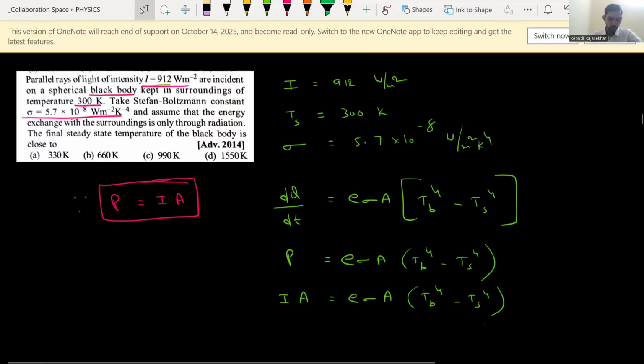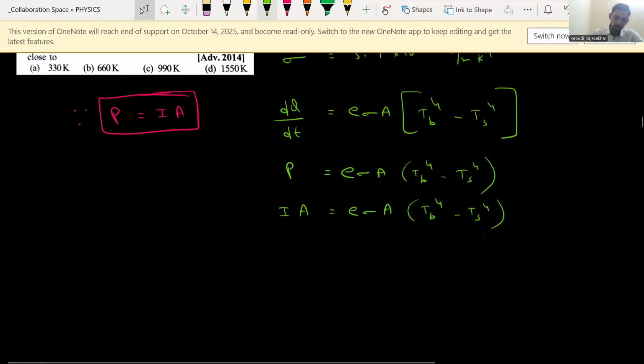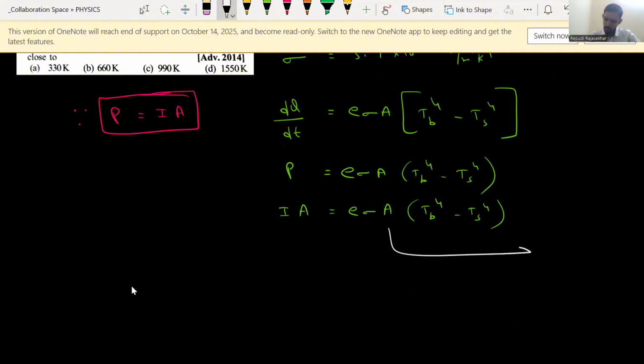Here you have to analyze very carefully, because generally you cancel A and A on the left and right sides. Here we should not cancel the terms. This A stands for the total area of the body.